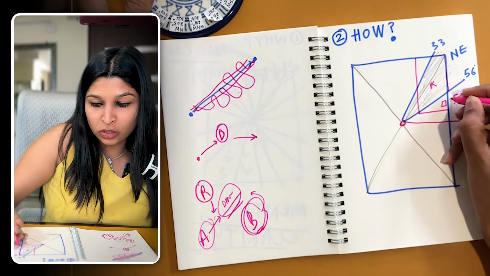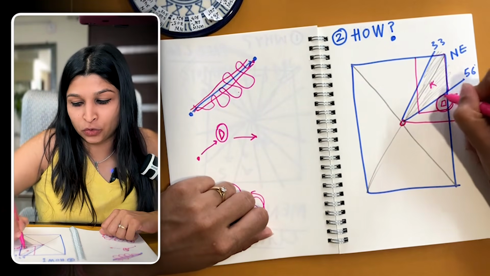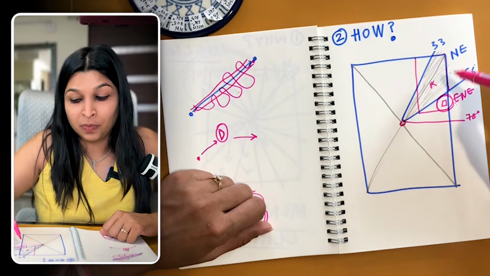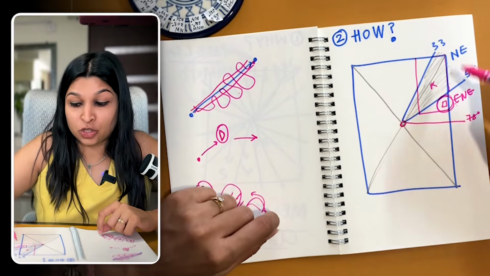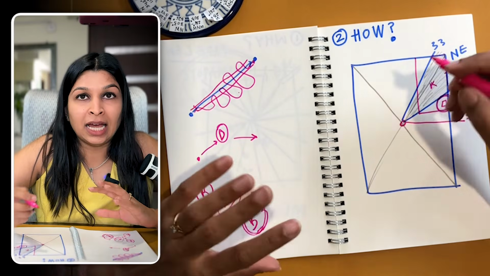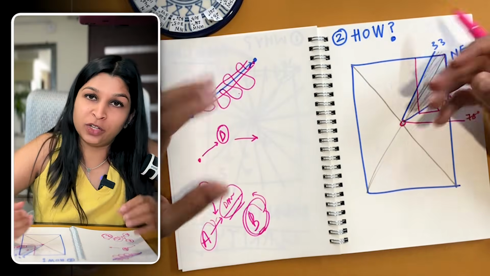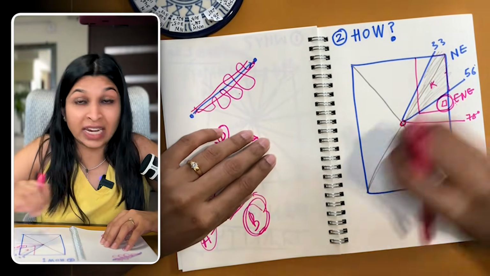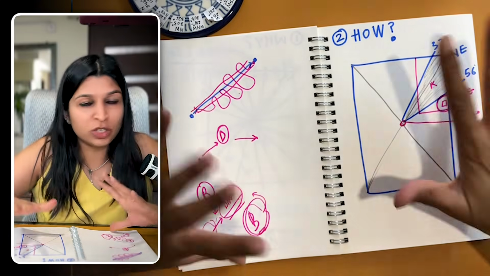Ideally, this is also not a great place to keep your gas stove, but at least you can still do a remedy over here, which you cannot if it's kept in the proper northeast. And if you find that your gas stove is placed in the proper northeast, shift it immediately and you will start seeing results. However, make sure you do this exercise very accurately. Otherwise, it's not going to make sense.